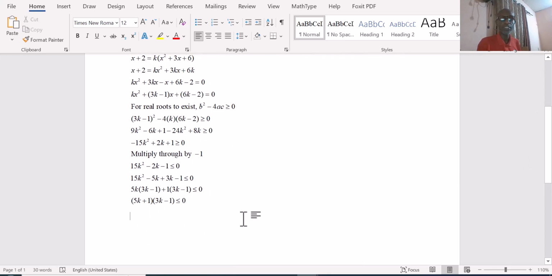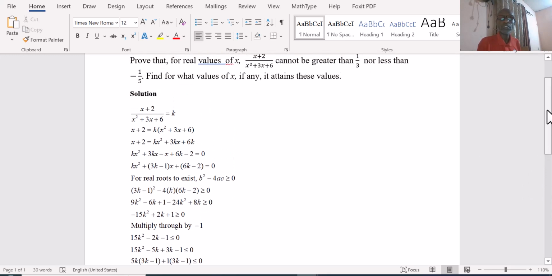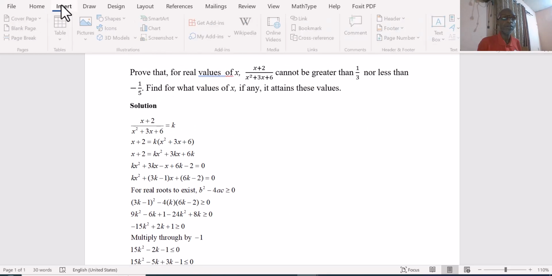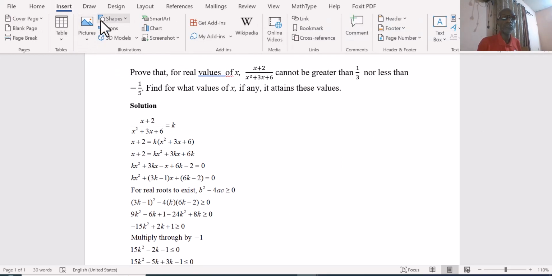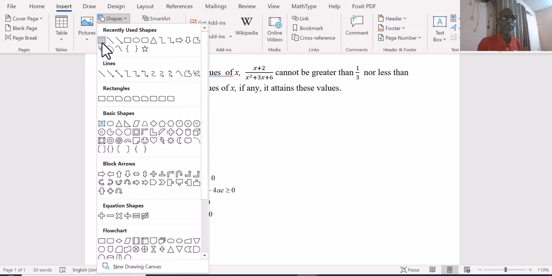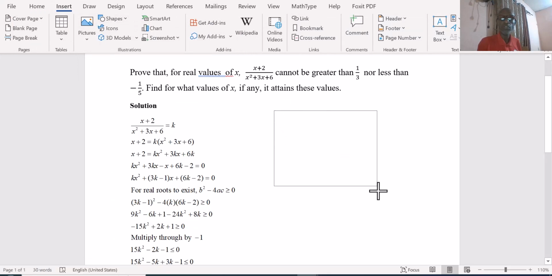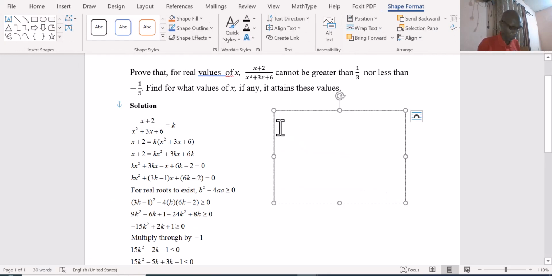So we need to create a table. The first thing is the values I am going to use for my inequality table. I will take 5k + 1 equal to 0, so k equals −1/5, and 3k − 1 equals 0, so k equals 1/3.